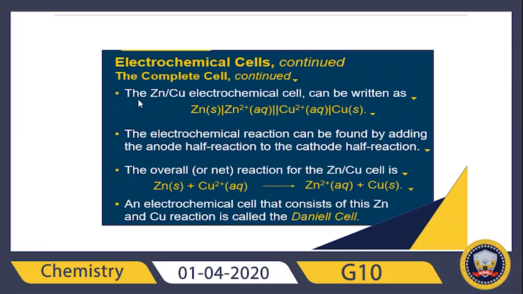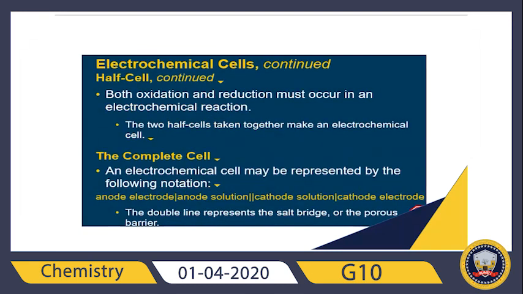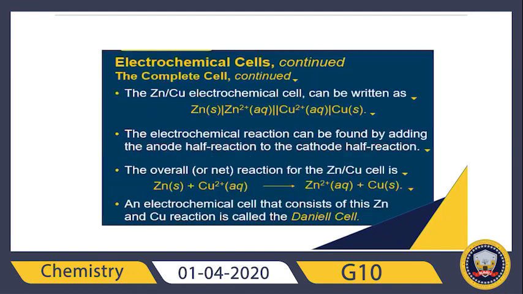So guys, for the example that we have described, if we want to write the reaction using the same way that I described in this slide, it will be this way. The zinc strip, or the anode, is immersed in what?